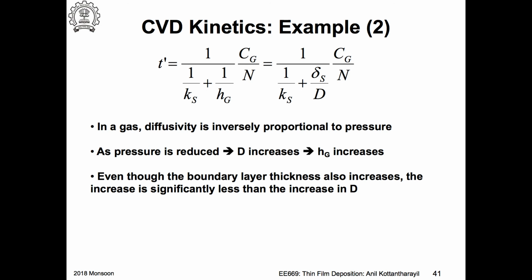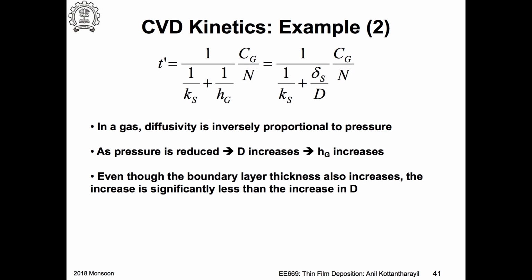Now one way is that in a gas, diffusivity is inversely proportional to the pressure. What does it mean? Diffusion happens by random movement of the particles, right? Why is the movement random? Mean free path, they collide.